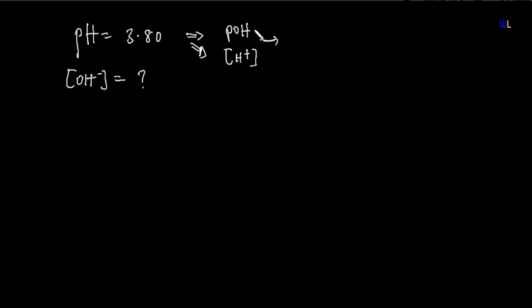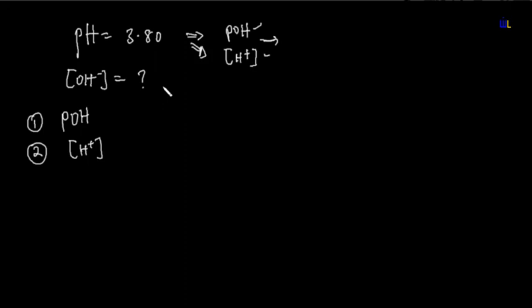So we can decide to use this angle or this angle. Now when you want to find OH minus, there are two things you can use. Number one, you can use pOH to find OH minus. Number two, you can use the concentration of hydrogen to find OH minus. So that's basically why you can use two methods to solve this question.